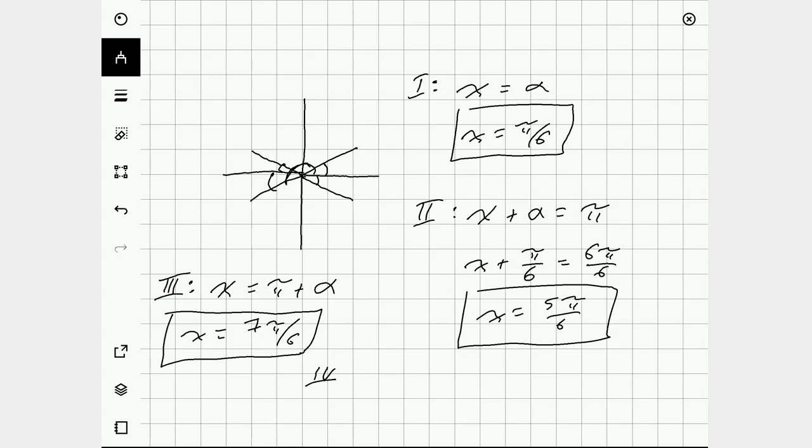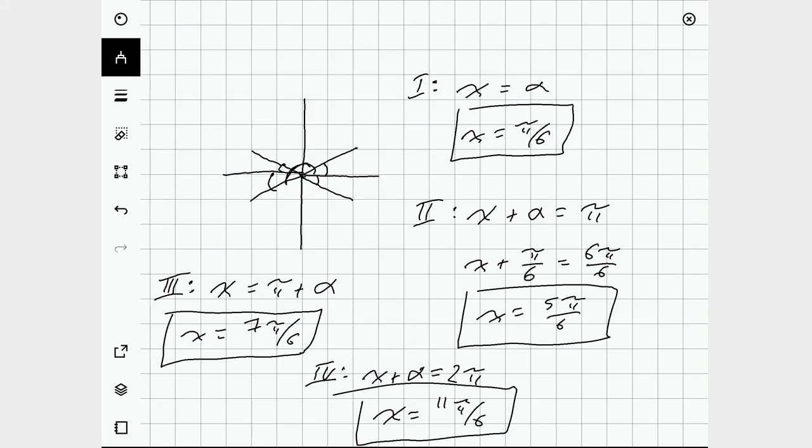And in the fourth quadrant, I barely have enough room on the bottom of the page, but I'm going to fit that in. In the fourth quadrant, we get almost but not all the way around a full circle. X plus the reference angle alpha together forms a full circle, which is 2 pi. And if you solve that for x, you get that x is 11 pi over 6.